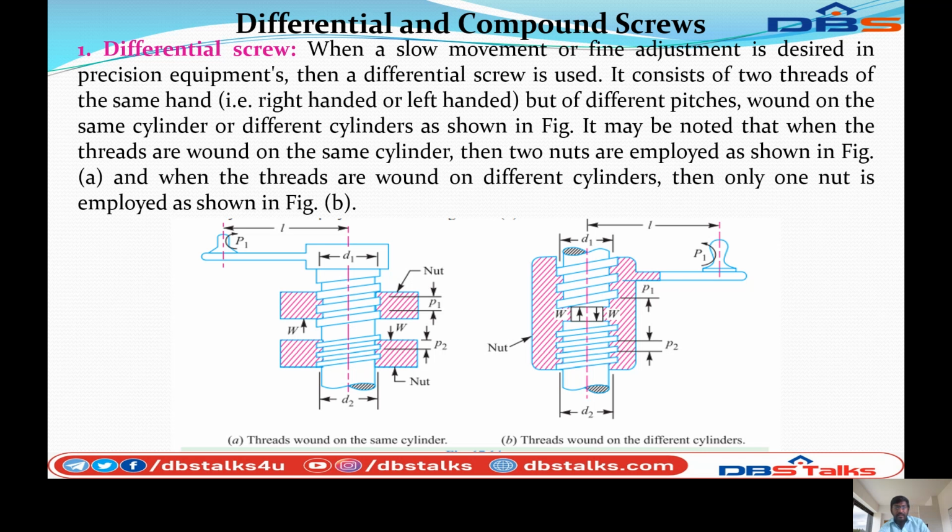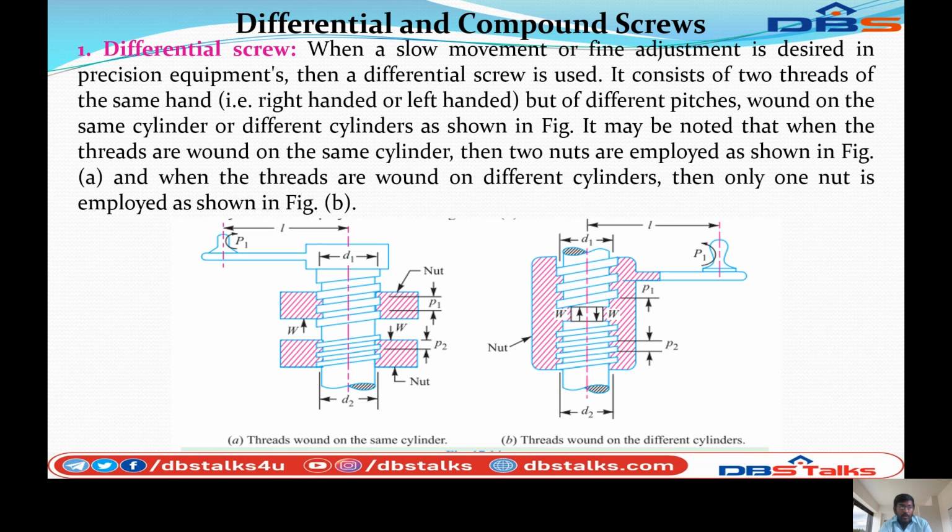You can see in the figure that it has two threads of the same hand, but with different pitches, wound on the same cylinder or on different cylinders as shown in the figure.